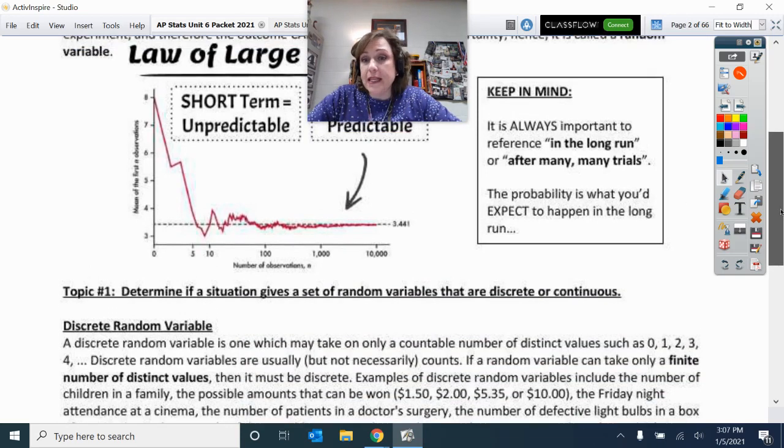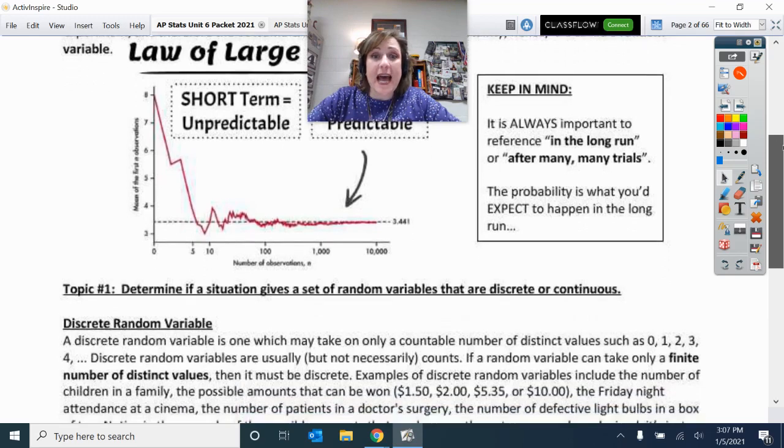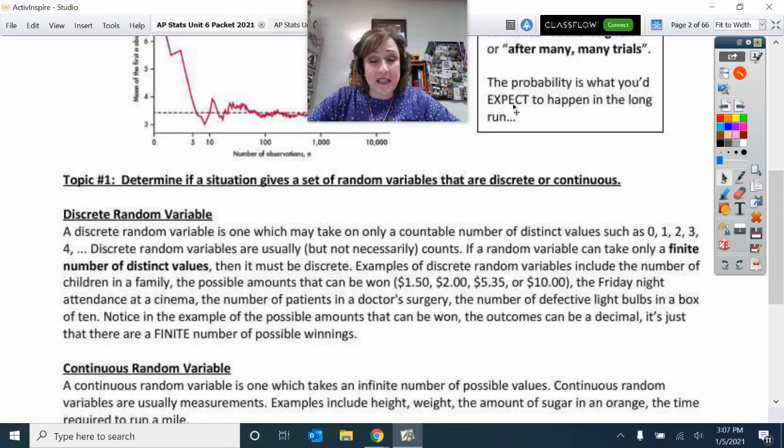If you do many, many trials, then that cumulative probability will settle down to that true probability, the law of large numbers, you see. So let's remember that that's what's happening with these random variables, that we see what is happening and we have an expected value in the long run.